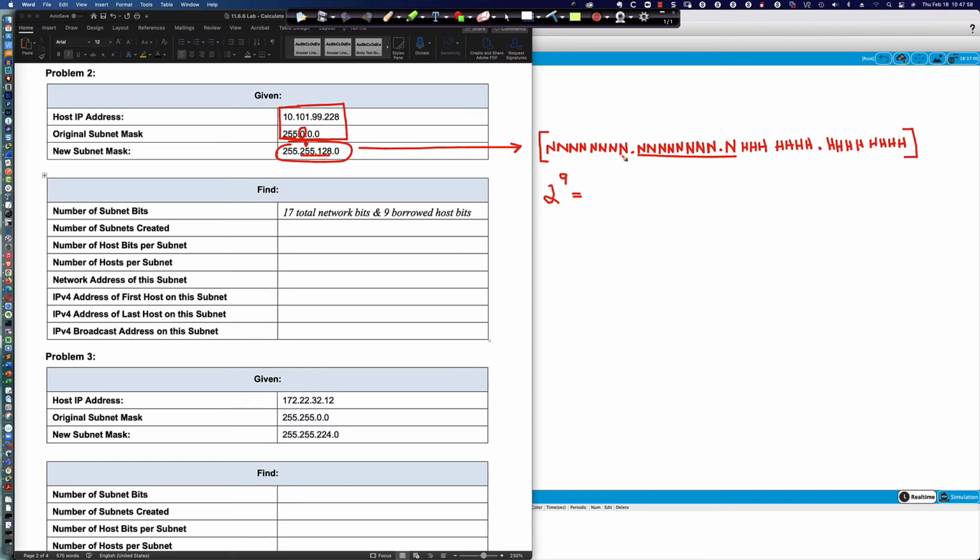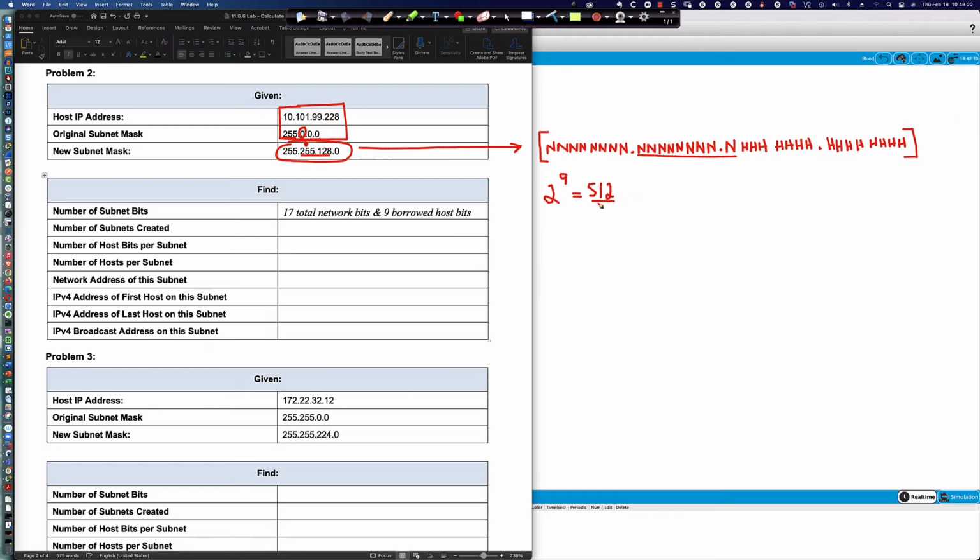Because you can go from 0 to 255 in an octet. So we know that 2 to the 9 is going to get us to 512. And we'll check this here just to make sure. So 2 to the 9 is 512. So we've just created 512 subnets out of that 10.0.0.0 range.